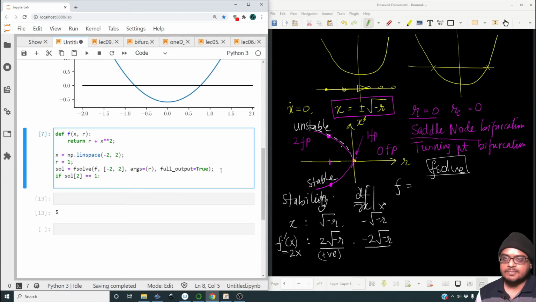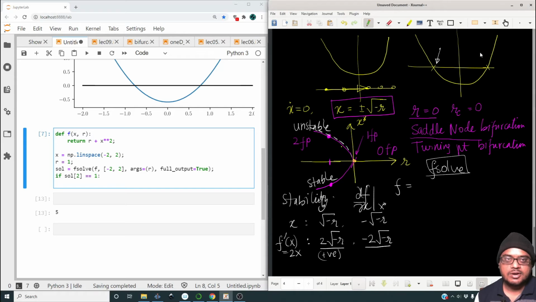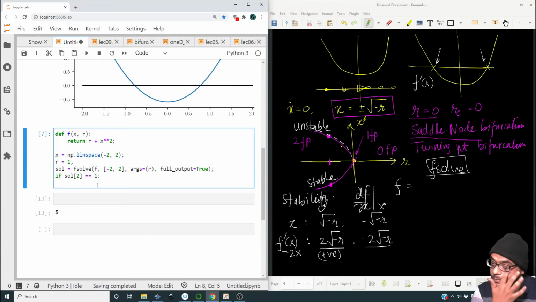Meaning when I know that roots are there, let me check the value of f prime x at those roots and classify those roots as being a stable fixed point or an unstable fixed point. If sol 2 is equal to 1, this obviously means the solution has converged.